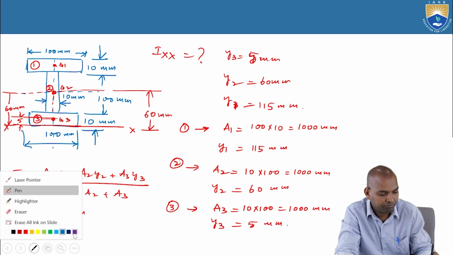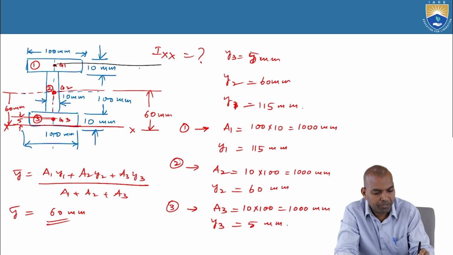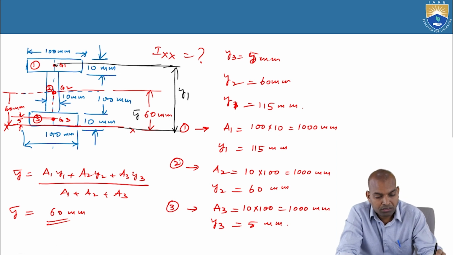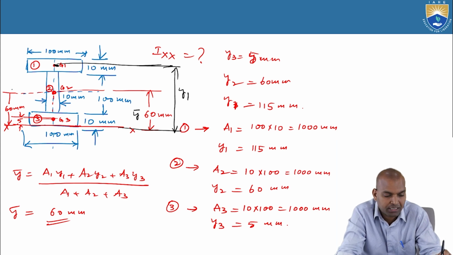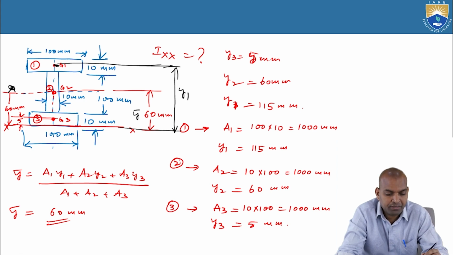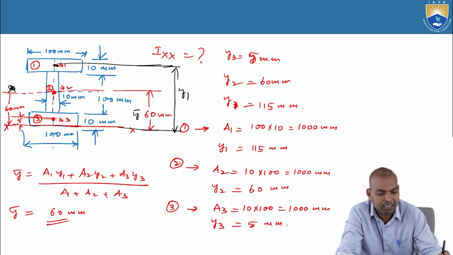This is y1, the distance of y1 from the reference axis. What about bar y? This is bar y. We want this section 1 about the center of gravity axis, that is the xx axis, so we took that distance. That's why we did bar y minus y1 whole square. So that is what we calculated about the centroidal axis Ixx passing through that.